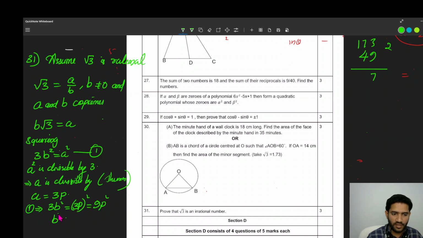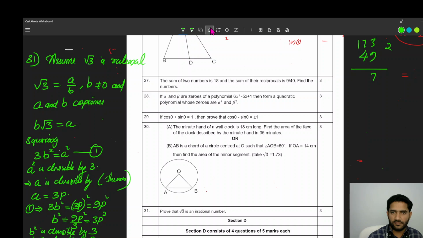So b square is equal to 9p square by 3, that means 3p square. So b square is divisible by 3, therefore b is divisible by 3.